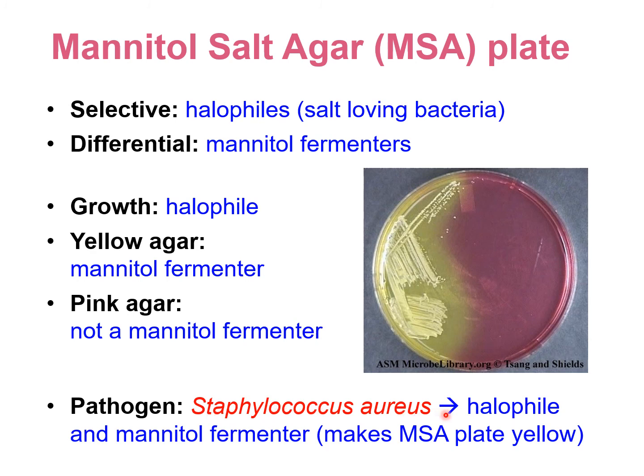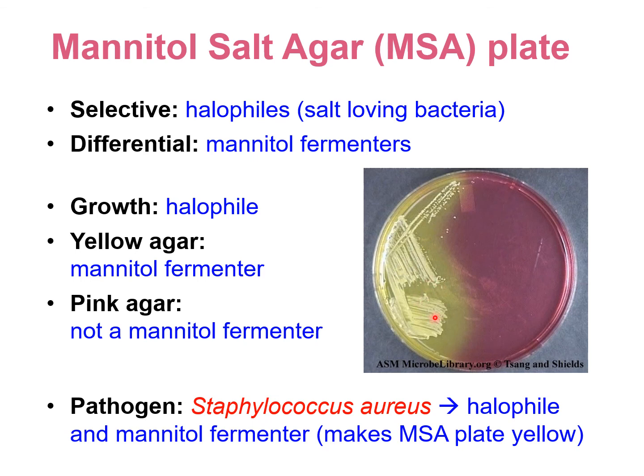So Staphylococcus aureus, that pathogenic kind, is halophilic, meaning it is salt-loving, and so it is going to be able to grow on a mannitol salt agar. And not just that, they're not just halophiles, they're also mannitol fermenters. So if you have Staphylococcus aureus cultured on a mannitol salt agar, they're going to turn the plate yellow.